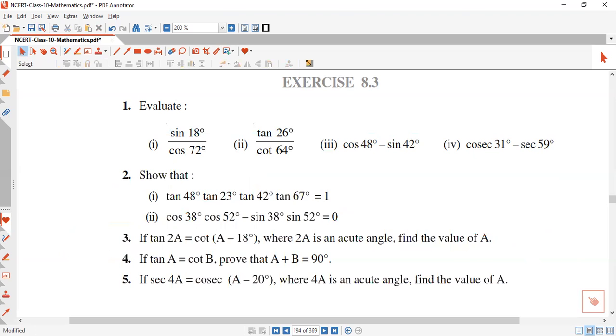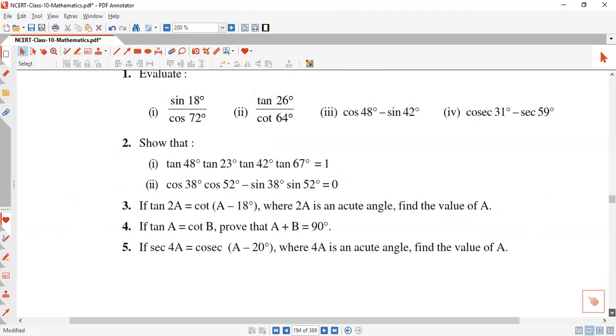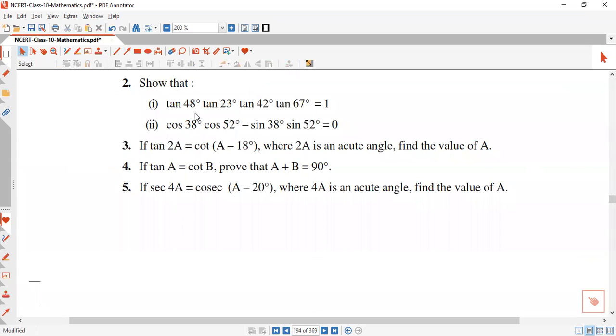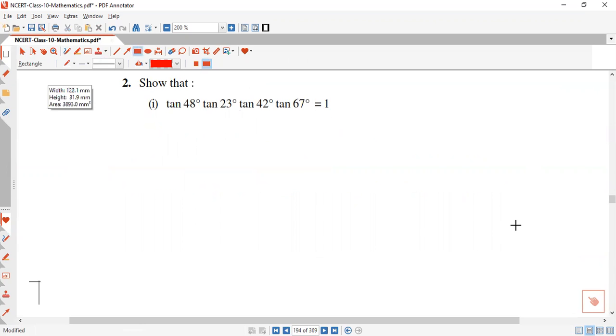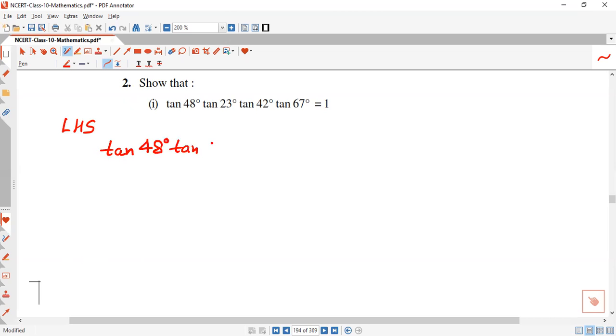Now look at question number 2. Prove that tan 48 degree, tan 23 degree, tan 42 degree, tan 67 degree equals 1. So start with the left hand side. We write down here the left hand side, and we see tan 48 degree, tan 23 degree, tan 42 degree, and tan 67 degree.